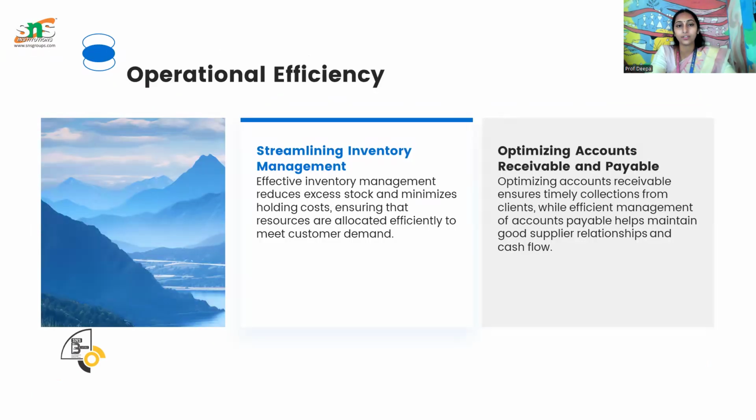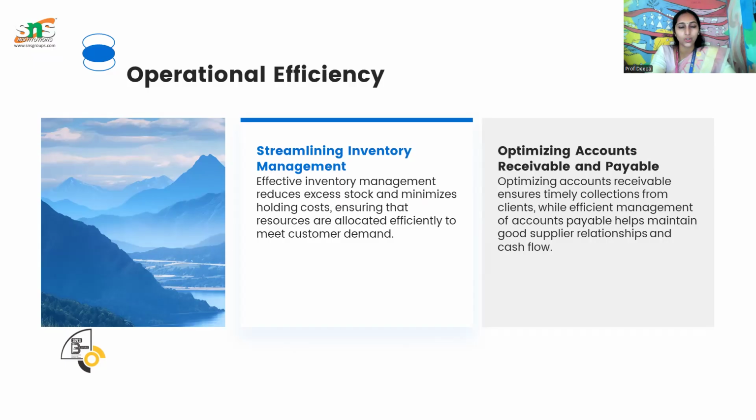So operational efficiency: streamlining inventory management, and optimizing accounts receivable and payables. Two major things. For inventory, the very important thing is there should not be excess stock. Holding too much stock is a problem. Minimizing holding cost is very important. Holding cost is the warehousing cost, what you spend for the warehouse, for the godowns.